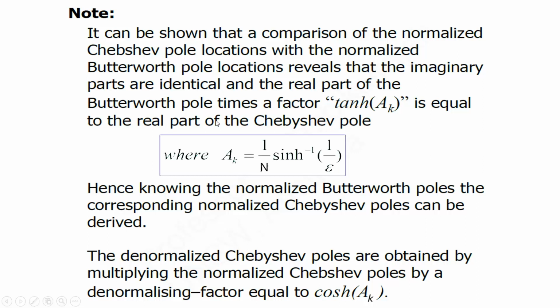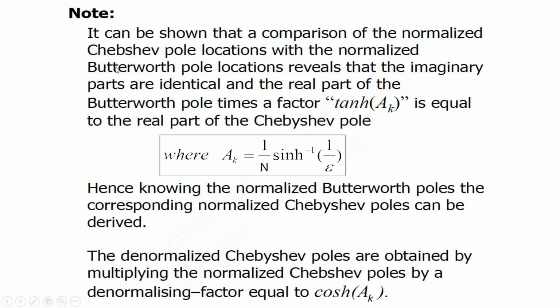And the Chebyshev pole's real part will be tanh(a_k) times the real part of the Butterworth pole location. How is it useful?